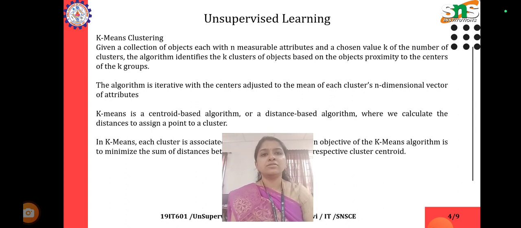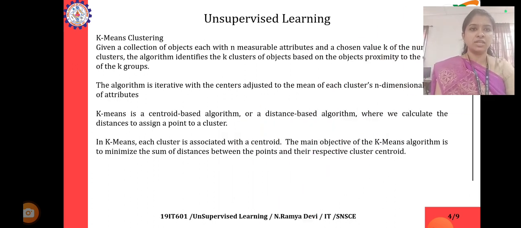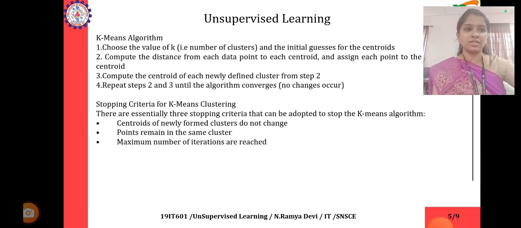K-means is a centroid-based or distance-based algorithm where we calculate the distances to assign a point to a cluster. In K-means, each cluster is associated with a centroid. The main objective of the K-means algorithm is to minimize the sum of distances between the points and their respective cluster centroid.